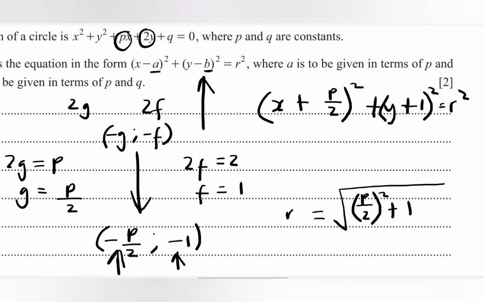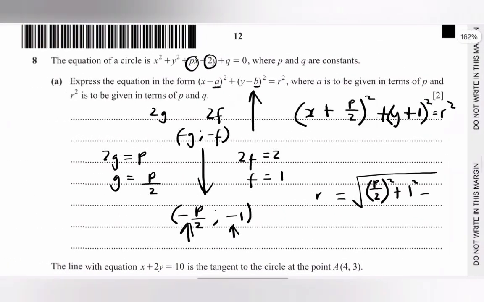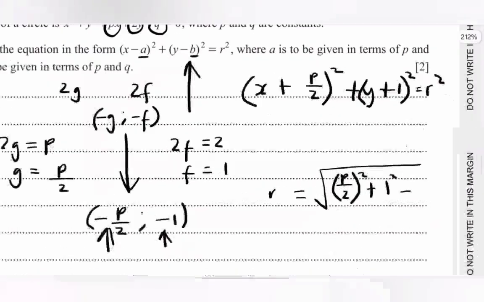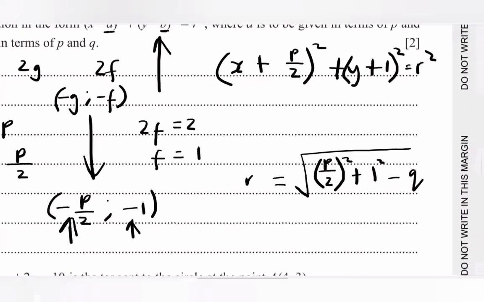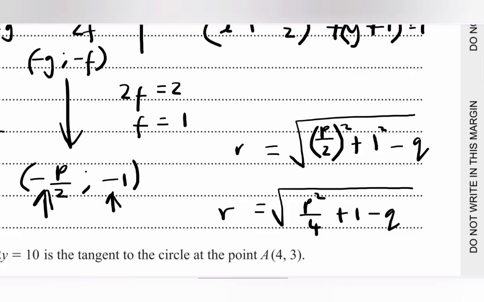If you square it, we just write 1 squared, minus this number right here, which is q. And that gives us a root of p squared over 4 plus 1 minus q. But we're required to write it as r squared, so it's like squaring both sides, and we're just going to get rid of the square root sign.